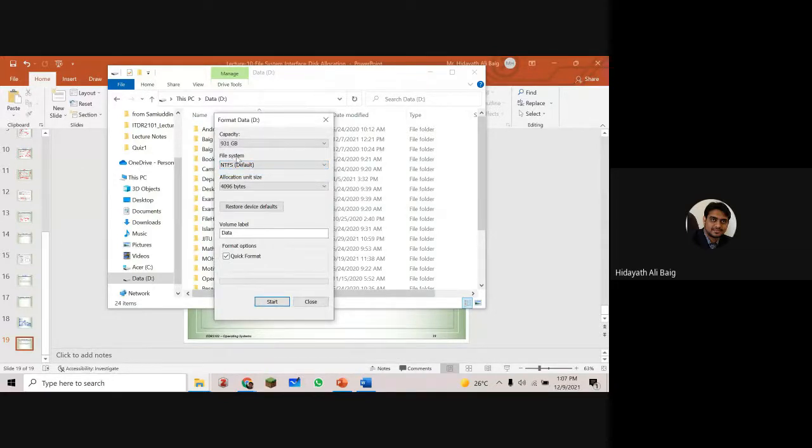What is the file system? My computer is using NTFS. NTFS stands for New Technology File System. If you are using old Windows 95 or prior Windows, it shows FAT32, file allocation table. But the file system we are using is NTFS.